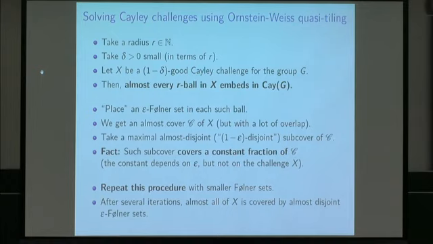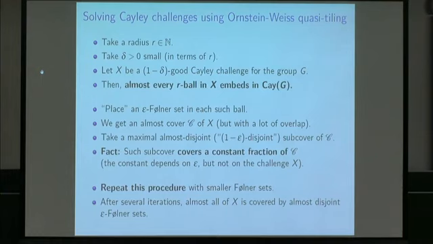So this mechanism allows me to take a Cayley challenge and cover almost all of it by Følner sets with almost no overlap. This is an instance of Ornstein-Weiss quasi-tiling.